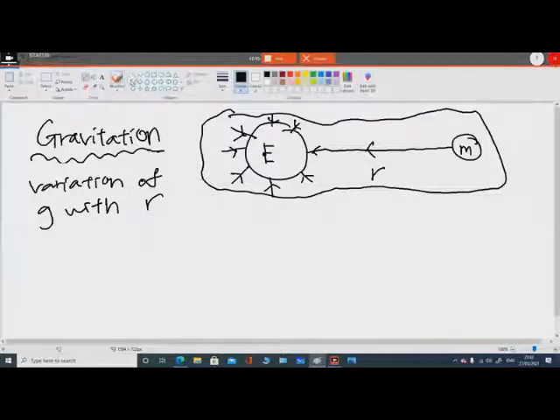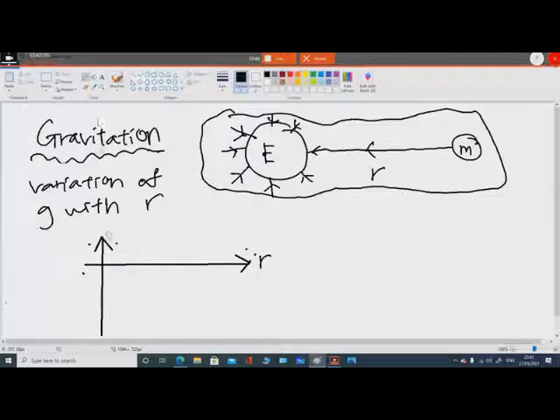In terms of a graph, this is our y-axis and this is our x-axis. This is our r between the Earth and the mass.